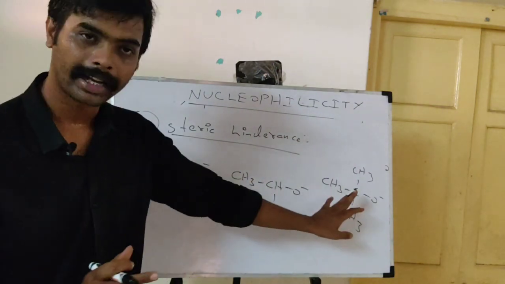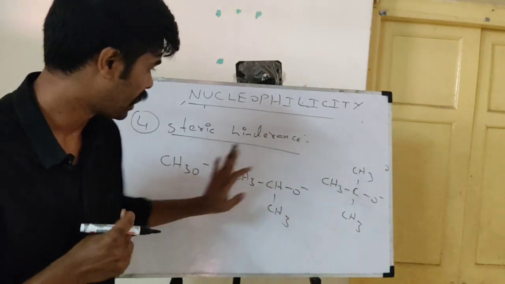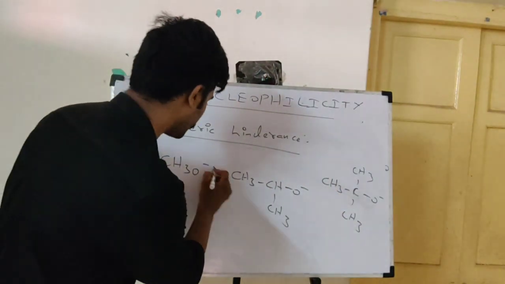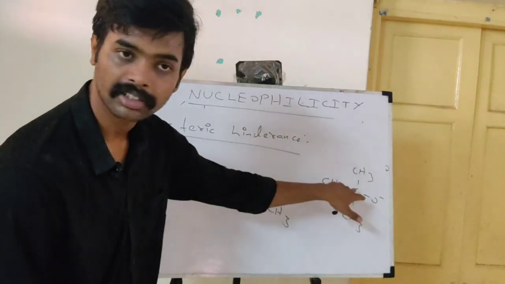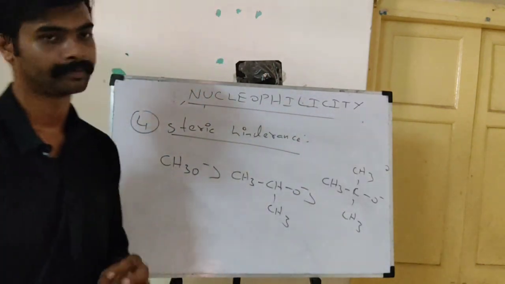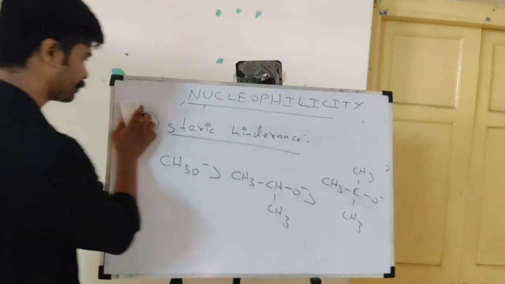So keeping that in mind, I'll be able to easily arrange them in the order of nucleophilicity. This is the least crowded of all, so definitely this is going to have maximum nucleophilicity. Compared to this, which is secondary, and this, which is tertiary, this is going to have better nucleophilicity than that. Simple.